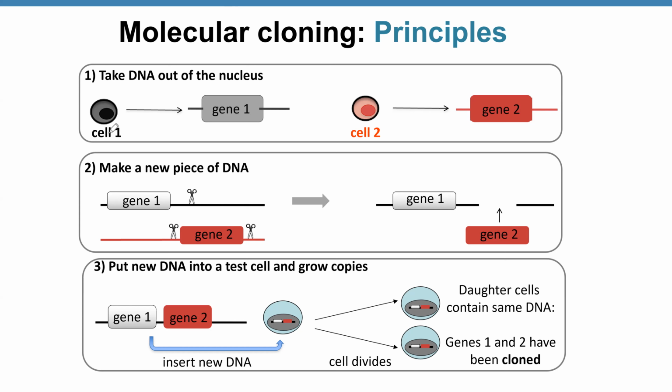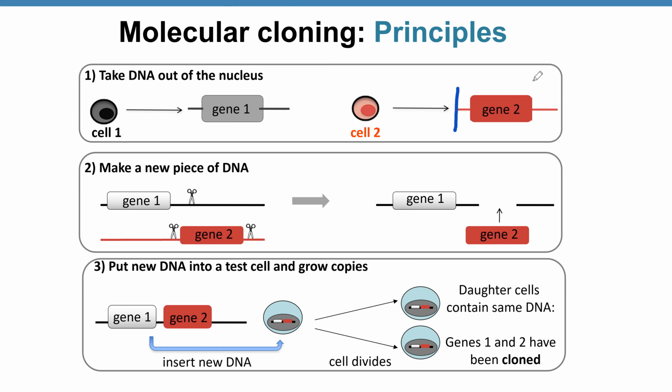So here's cell number 1. It has DNA, and there is a particular gene. Here we have cell number 2, and it has a different DNA. Maybe this is the DNA of a strawberry, and this is the DNA of a fish. Two completely different organisms.